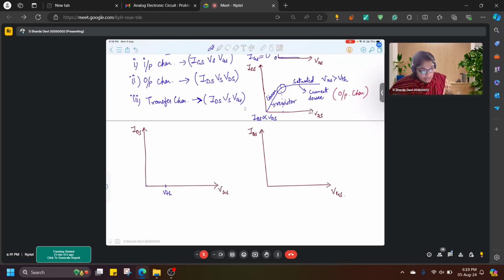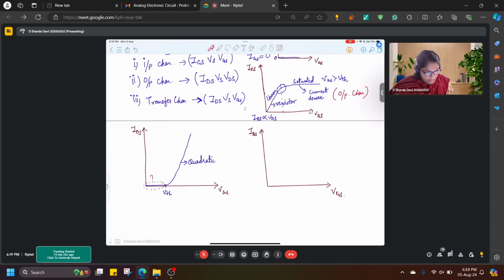Okay? So the behavior is current is almost zero. Then after threshold voltage, the current starts increasing. And current increases in quadratic nature. Okay? So this is quadratic in nature. Right? But the point is, is there any current in this particular region? So what do you think? Is there any current in this region?